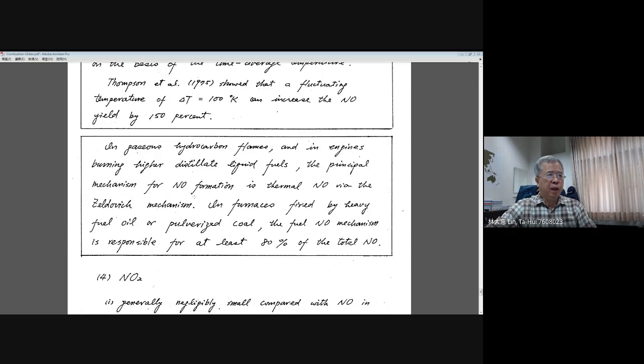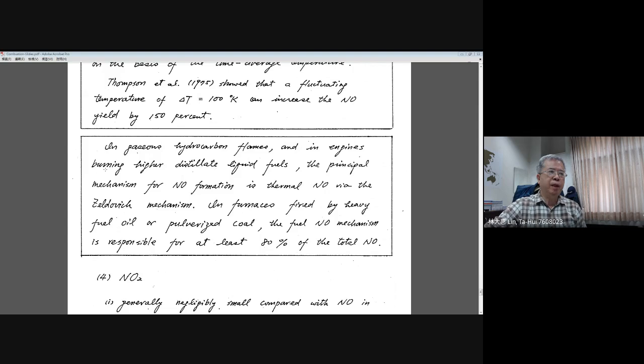Okay. And there is an important conclusion for real application in gaseous hydrogen fuel, hydrocarbon flames, for example the methane flames, and in engines burning higher distillate liquid fuel. That means you already get rid of the high boiling point fuels.